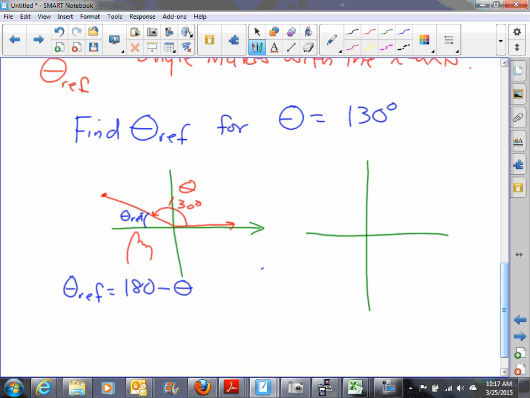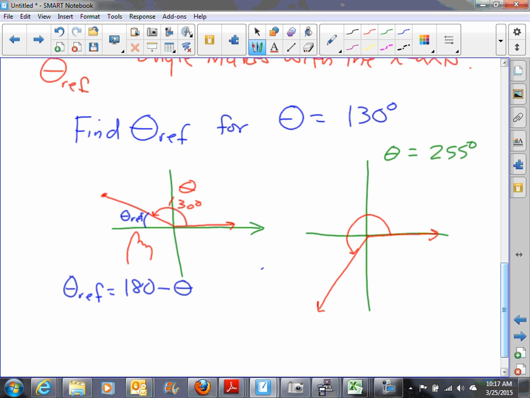Let's let theta be equal to 255 degrees. Okay, now the initial ray is going to be the positive x-axis, and 255 degrees is more than 180, less than 270. So it'll be somewhere over here. And here will be the terminal side.